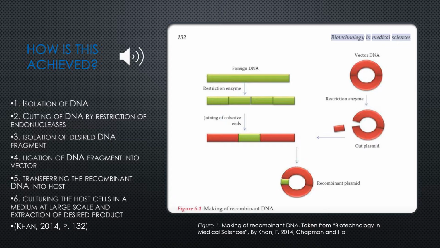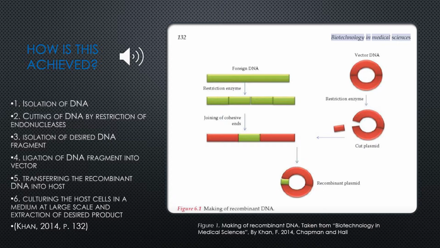But what is a vector? A vector is a section of DNA that is capable of its own independent growth. Bacterial plasmids and viral phages are an example. When the selected DNA of interest is integrated into the vector, this procedure is referred to as rDNA.